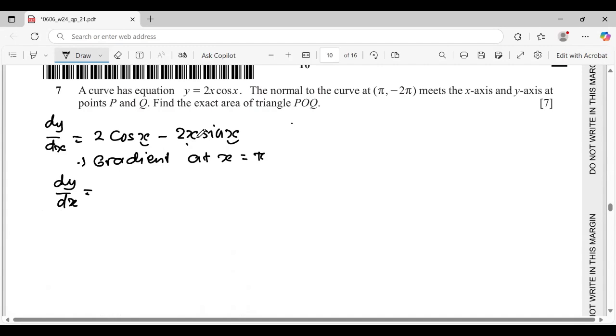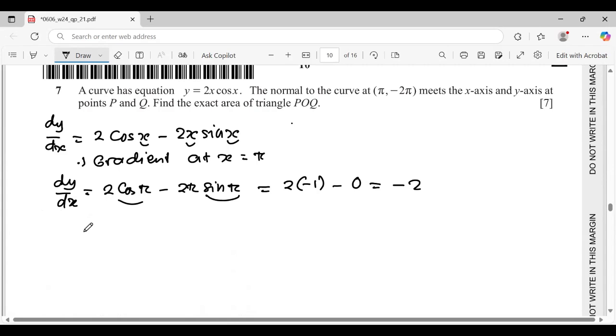This x becomes pi, this x becomes pi. So 2 cosine pi minus 2 pi sine pi. Cosine pi is minus 1, so it is 2 times minus 1, minus 2 pi times sine pi, which is 0, so it is minus 2. So the gradient of the tangent is minus 2.